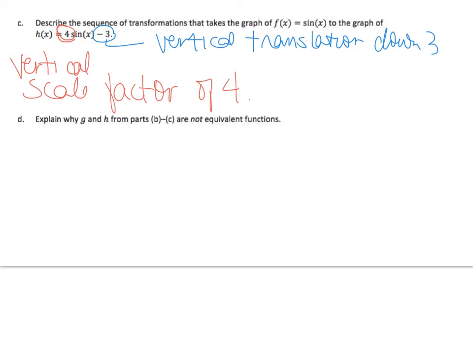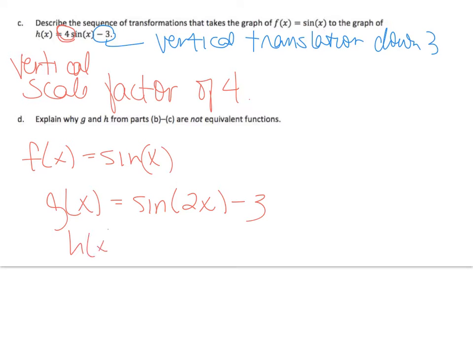Explain why g and h from parts b through c are not equivalent functions. Well, because they're not. We had f of x equals sine x. I think the other one was g of x equals sine of, wasn't it 2x? Yep.